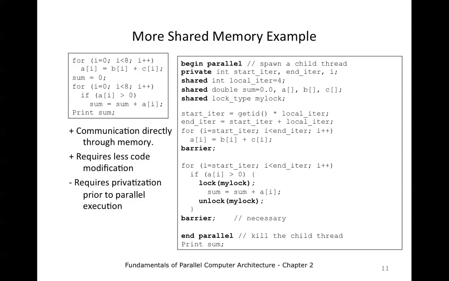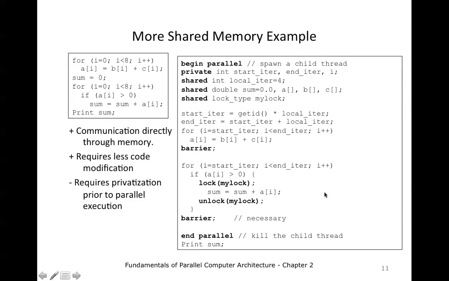Therefore, in order to order certain operations with respect to others, we have to put synchronization. In this case, a handy synchronization is called barrier. Barrier requires that everyone that arrives early waits until everybody has arrived. Once everybody has arrived, then they can go on with computation.